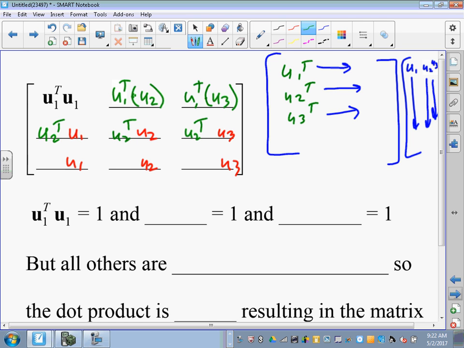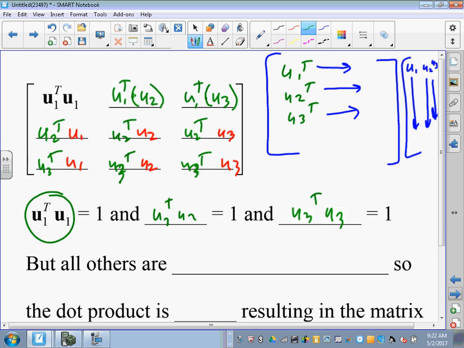And then we have U3 transpose, U2 transpose, and U3 transpose. So we know that if I take a vector, this is really like finding the dot product. That dot product is going to be 1. What else is going to be 1? Yes, so all the U2s and U3s.